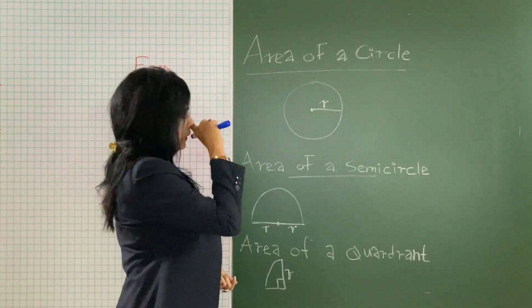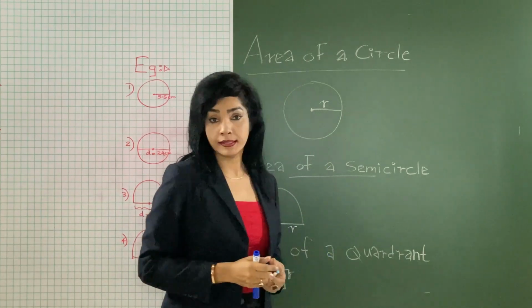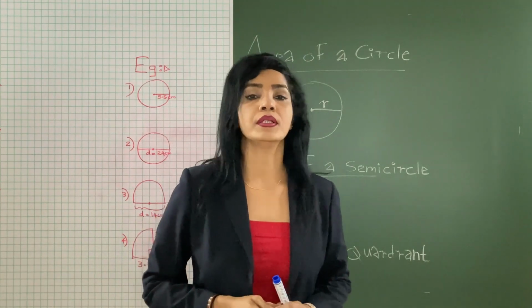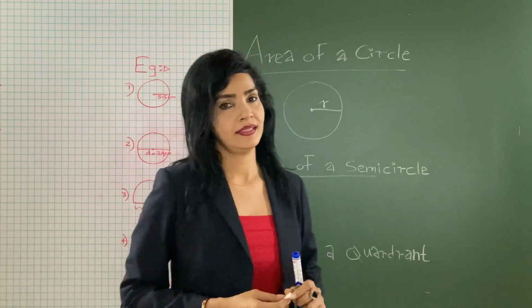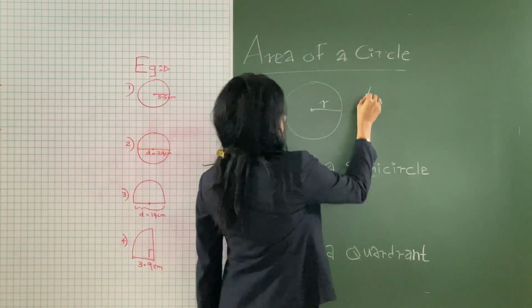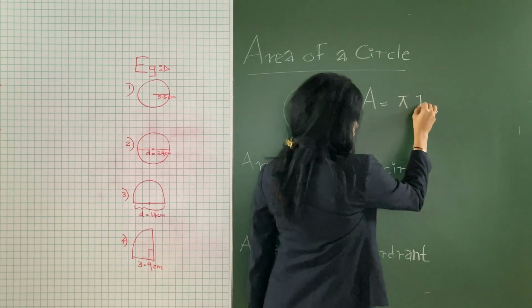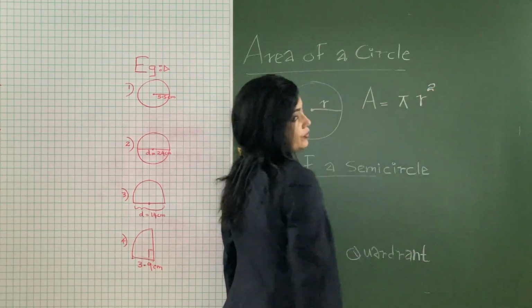Alright, now I have a circle with radius r. Can you remember the formula for the area of a circle? Yes? A is equal to pi r square. Very good.